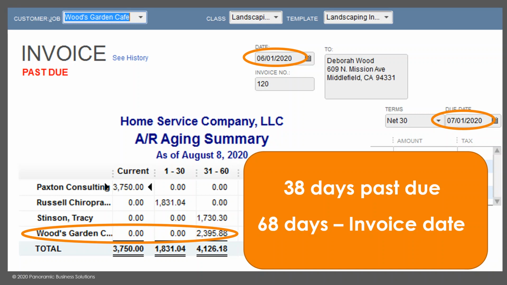The longer time period that goes between the actual service date and the actual collection process, the less likely you are to actually get paid for that service. So really take the time to understand the difference between past due and the actual number of days that you've actually carried that customer since the actual service date.